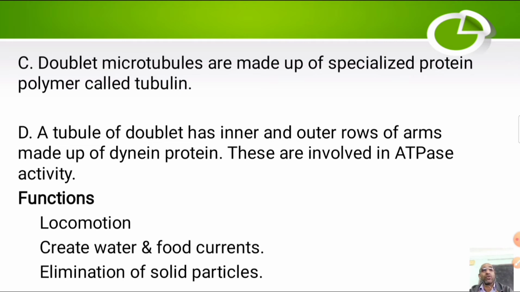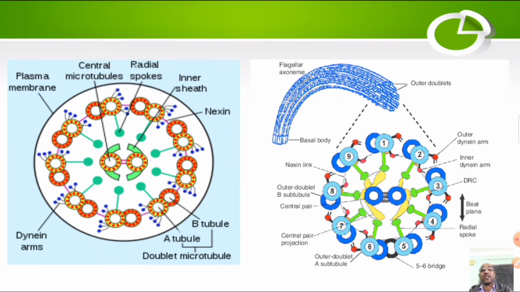Now, come back to the structure. As far as the diagram is concerned, this one is the peripheral doublet microtubule and this one is the central pair of singlet microtubules.